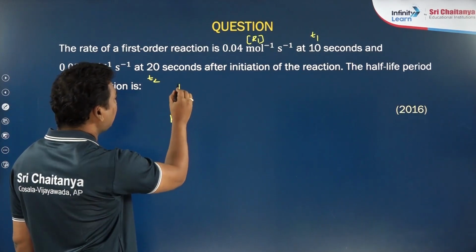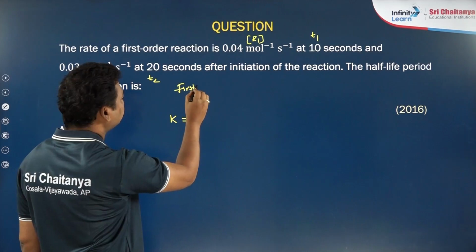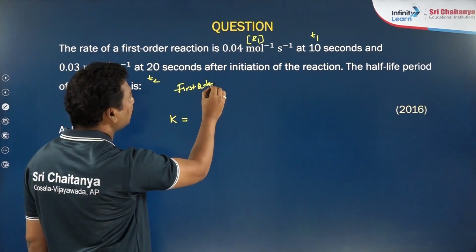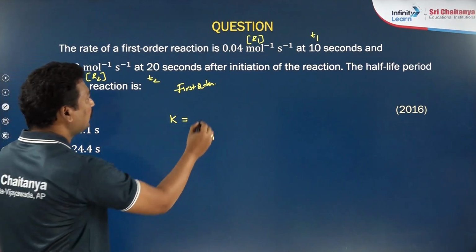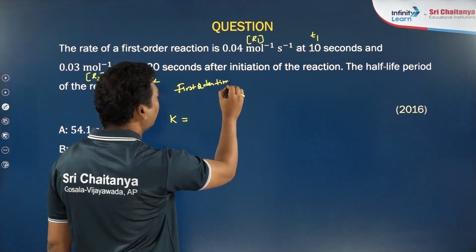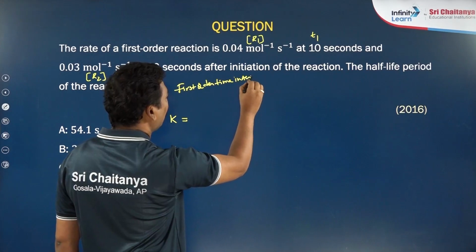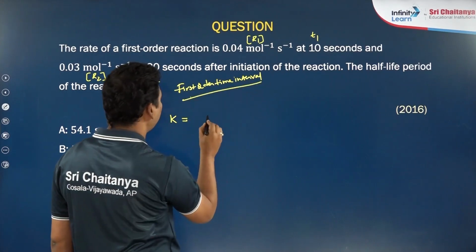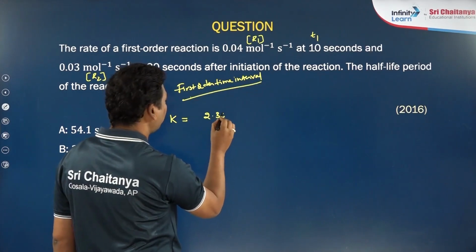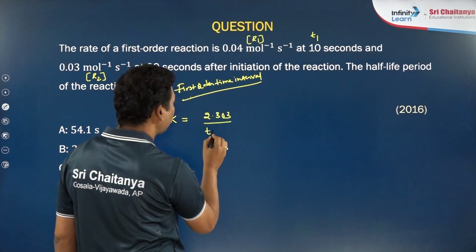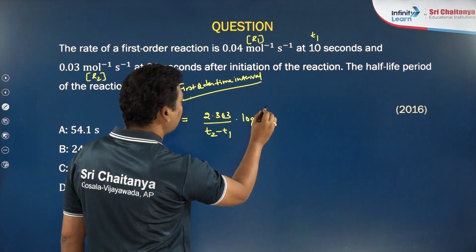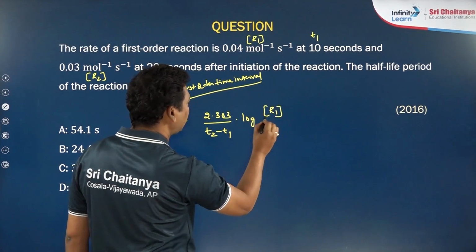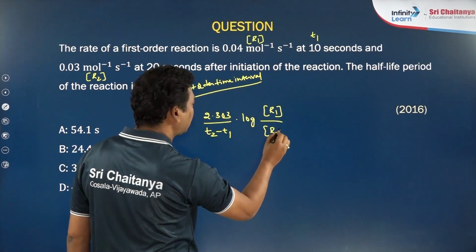This is the first order time interval formula. Since they have mentioned two concentrations at two time intervals, this is called the first order time interval formula. According to this, we can use K is equal to 2.303 by T2 minus T1 log to the base 10 of the concentration of the reactant at time T1 by the concentration at time T2.